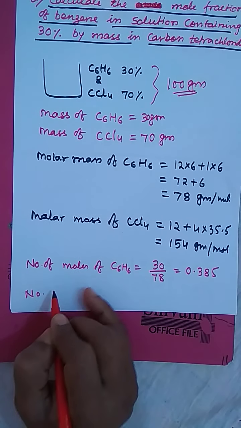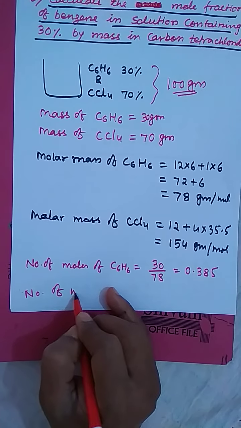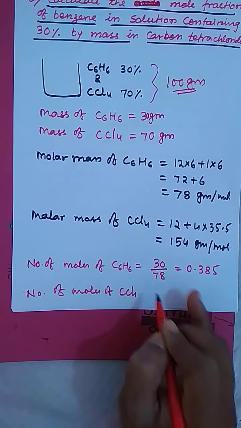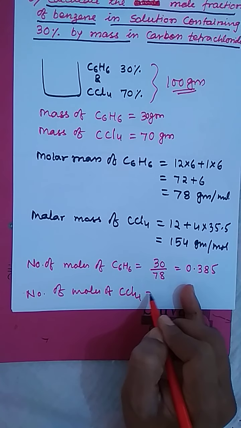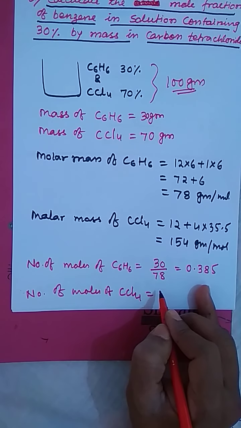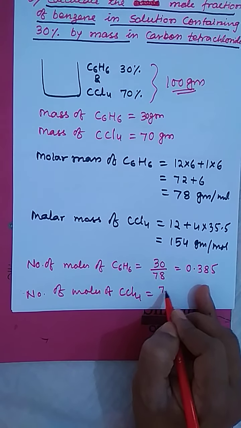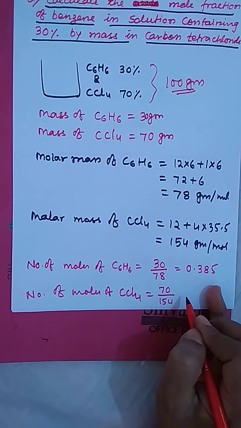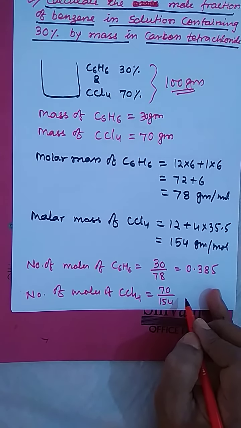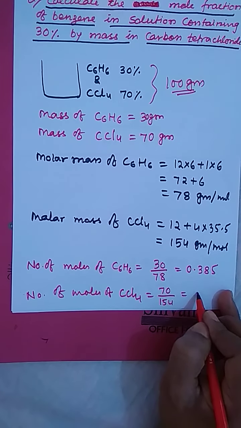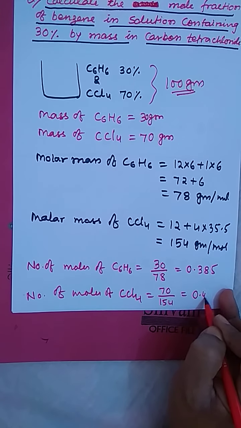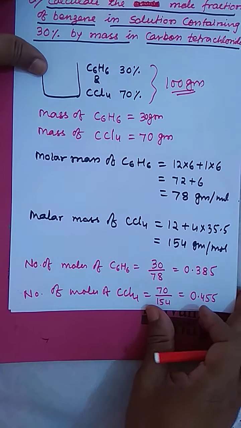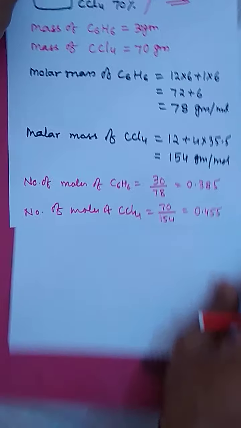Similarly, number of moles of CCl4 is equal to 70 upon 154. So it will come 0.455.